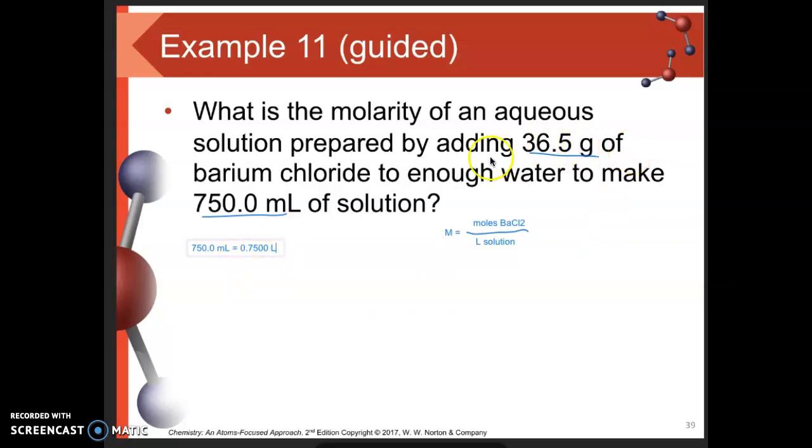Now for the conversion of barium chloride, I'm going to need a little bit of help. And that little bit of help is going to come in the form of a molar mass. So if I start with my 36.5 grams of barium chloride, I need a molar mass to turn that grams of barium chloride into moles of barium chloride.